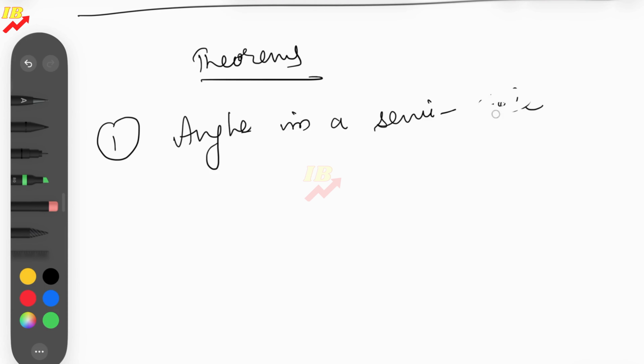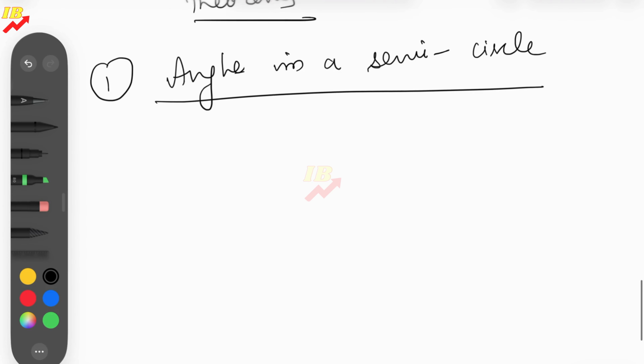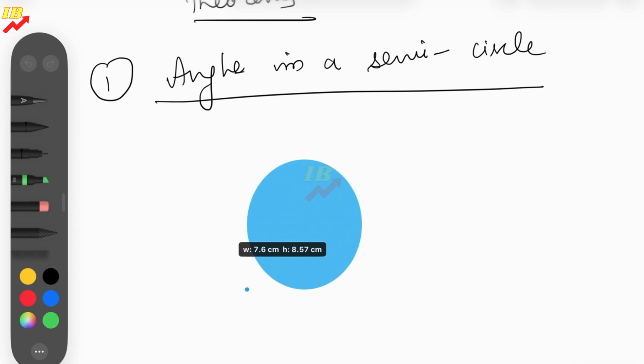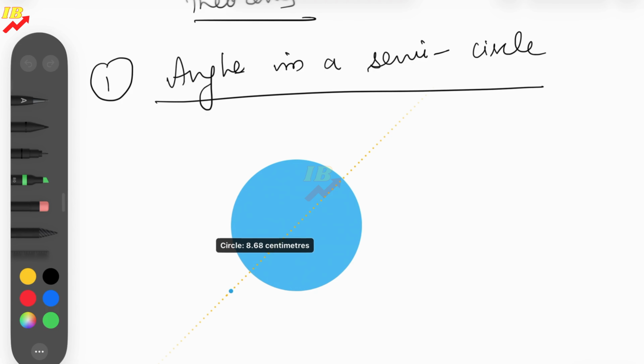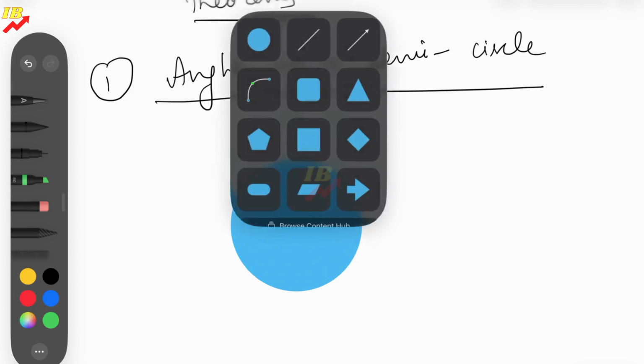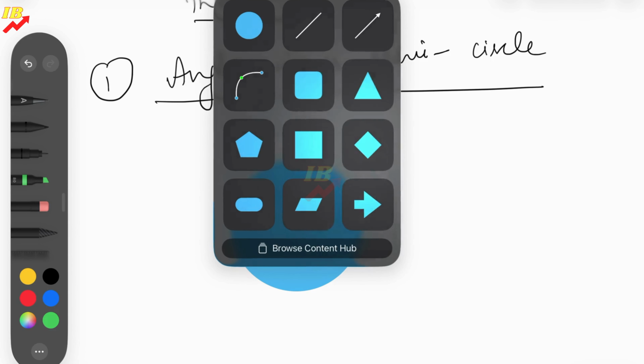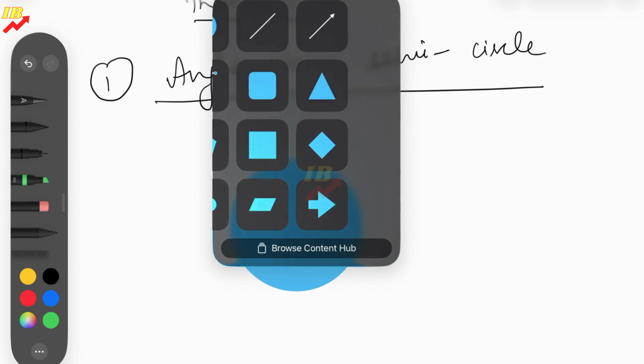Let me write it properly. Angle in a semicircle. What does that mean exactly? So let's draw a circle, something like this. Let me check if I have a semicircle here. No, we don't have a semicircle in this.